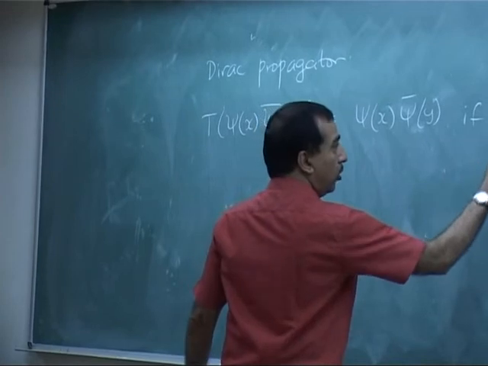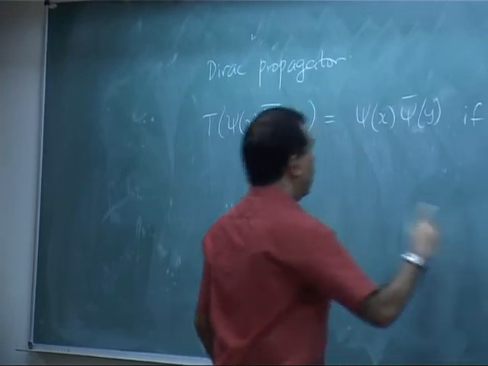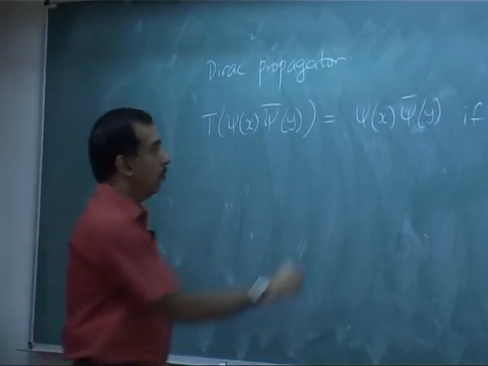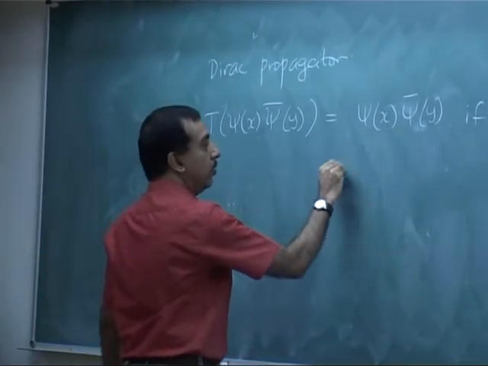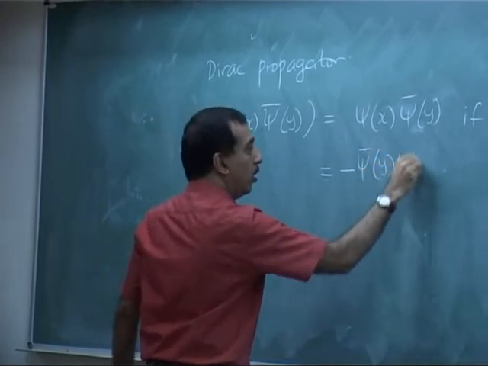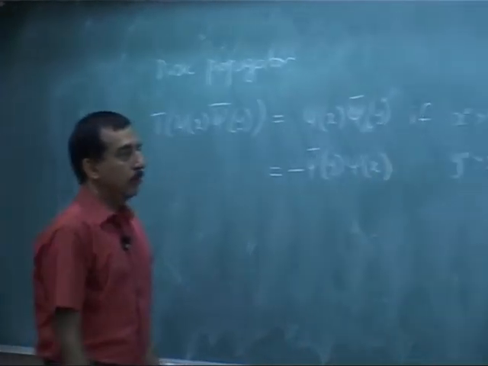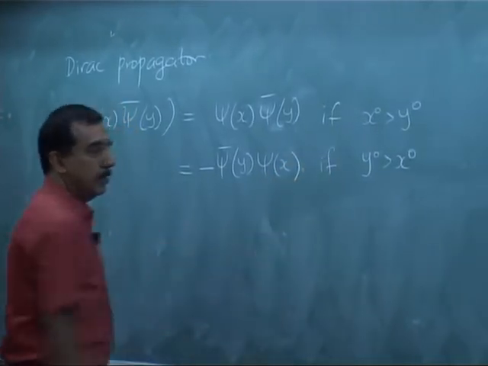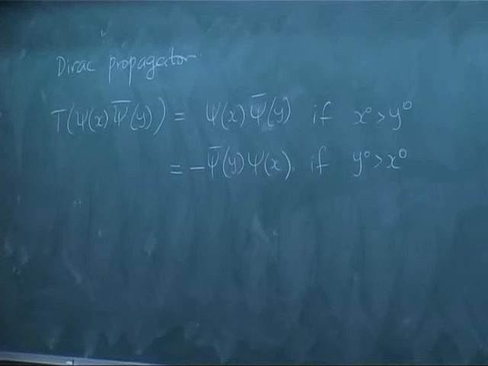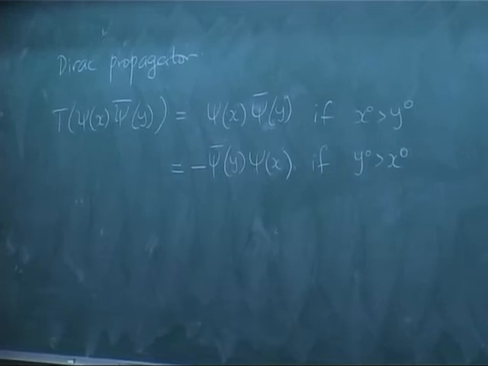If y naught is greater than x naught, then we want to write them in the reverse order, right? That's time ordering. But we must acknowledge that then there's a minus sign, so it is minus psi bar of y, psi of x, if this is true. There's a slight change. Okay? And these minus signs keep cropping up all over the place in calculations.